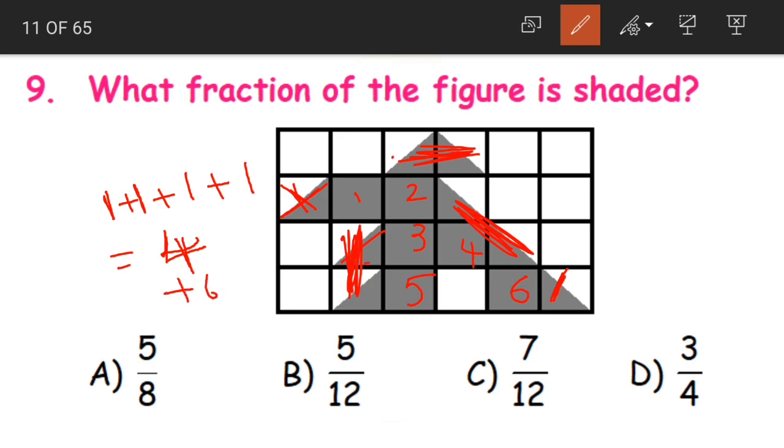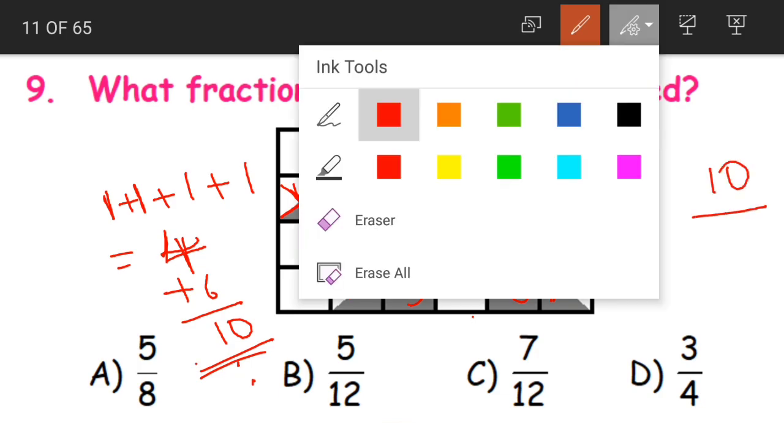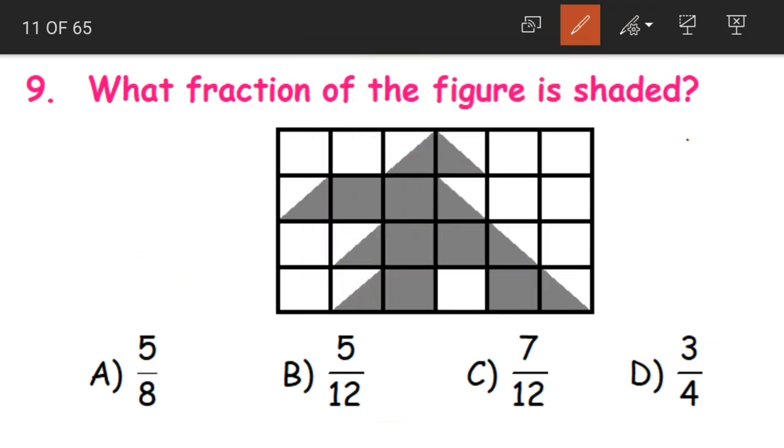So, 4 plus 6 becomes 10. The total number of fully shaded blocks here becomes 10, children. Yes. This becomes our numerator, 10, the number of shaded blocks. Now, what will be our denominator? Denominator will be the total number of blocks. How many do we have? 1, 2, 3, 4, 5, 6.